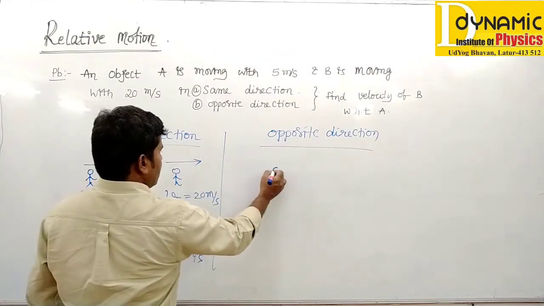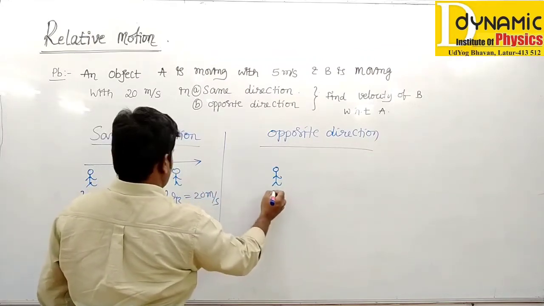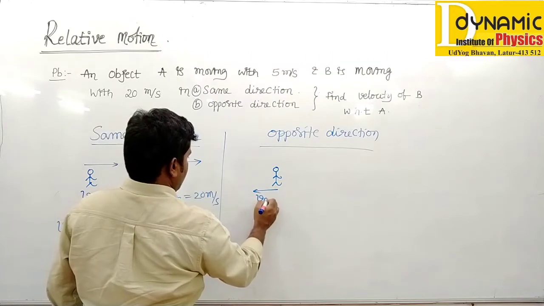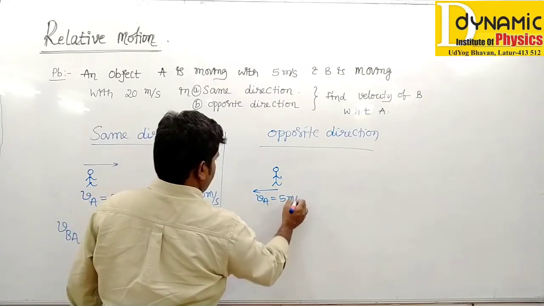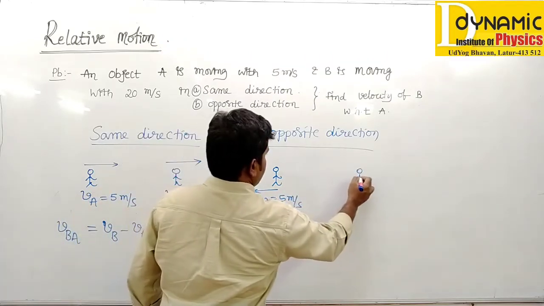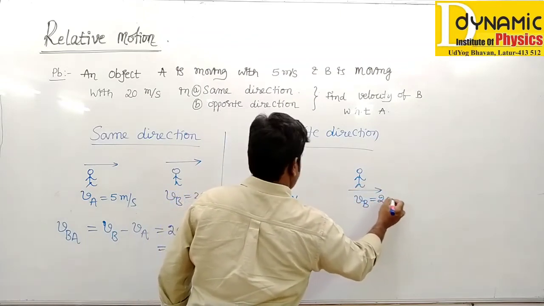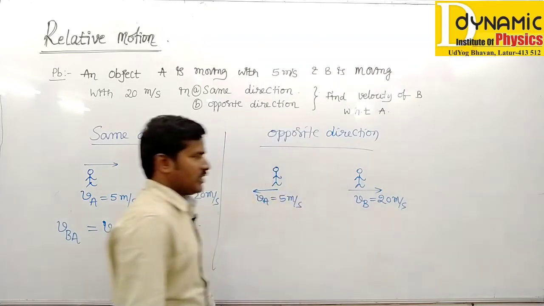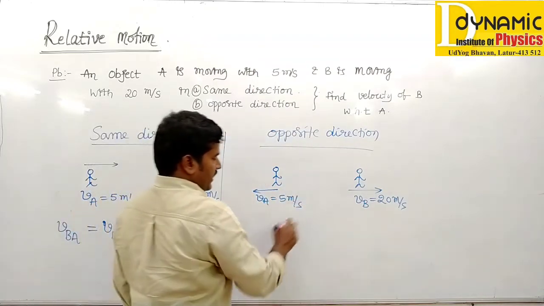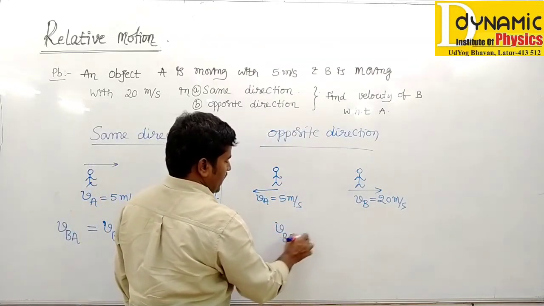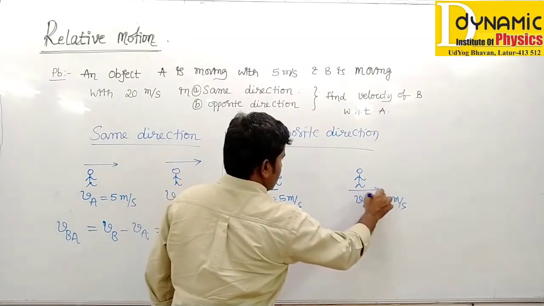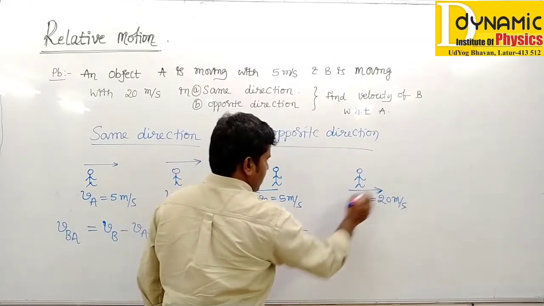Suppose in the opposite direction, Va is 5 meters per second and the velocity of B is 20 meters per second. For the velocity of B with respect to A, Vb is considered positive, so Va must be negative.